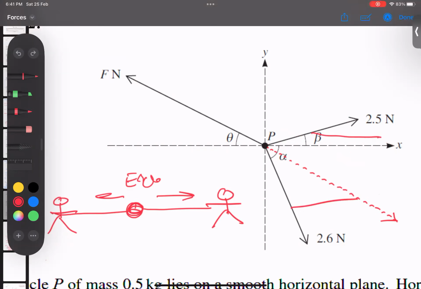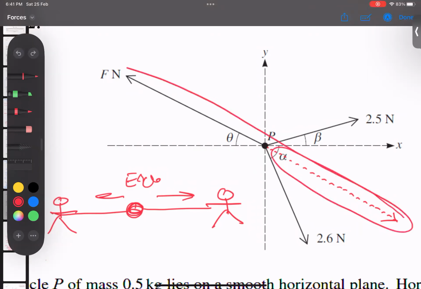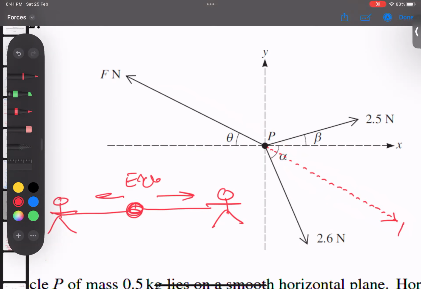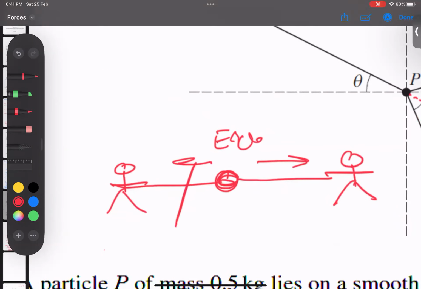So logically, there is no force available here, no force available here, but it is logically present. So this force and this force are exactly equal to each other. Give me one concept here. If this string cuts from here, for example, or this person leaves the string, what will happen? For example, let's say there's a 5 Newton force here and 5 Newton force here, both sides 5 Newton force, and they are balanced.